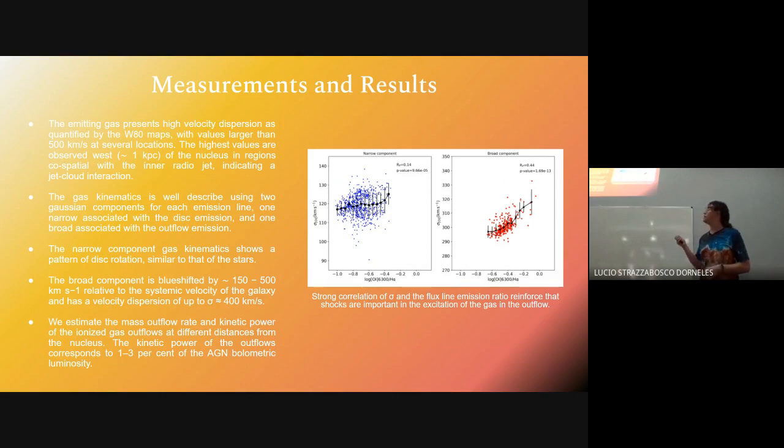So when we look just at the optical part of the gas emission, we can already estimate that we have an outflow with net power of 1 to 3%.